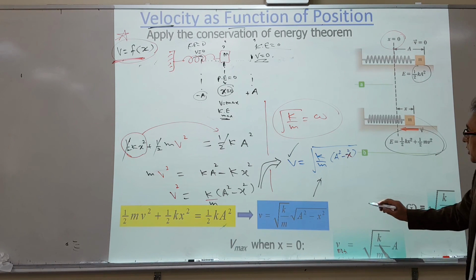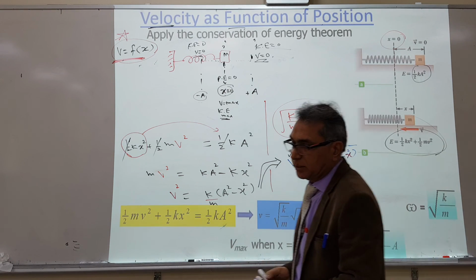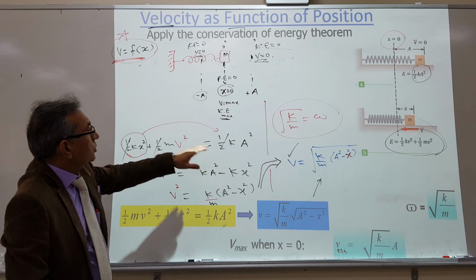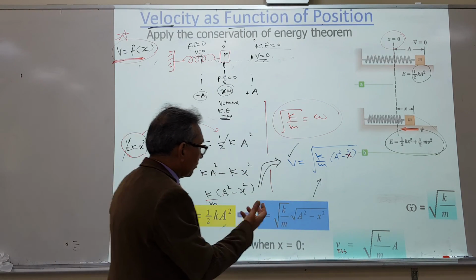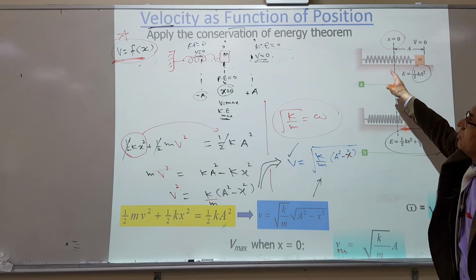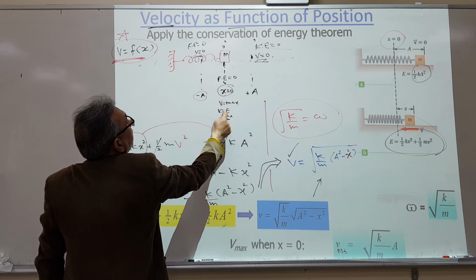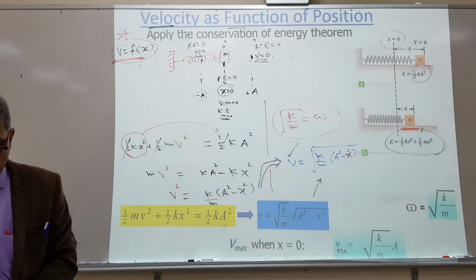So you can write this as v max equal to omega multiplied by A. So this is your final expression for velocity. And for the maximum, you know that maximum velocity is at x equal to 0. We have learned it before that at x equal to 0, velocity is the maximum. This is the relationship you need.